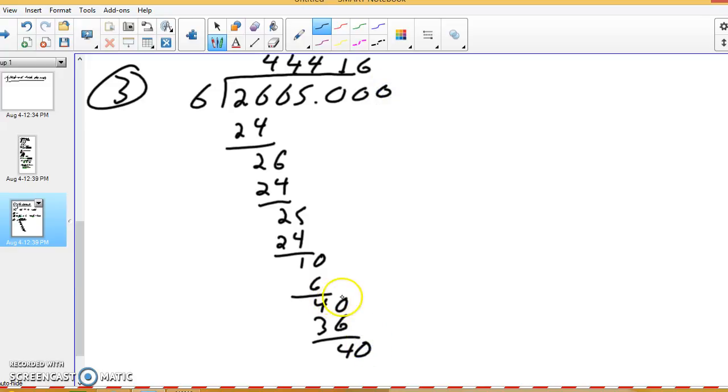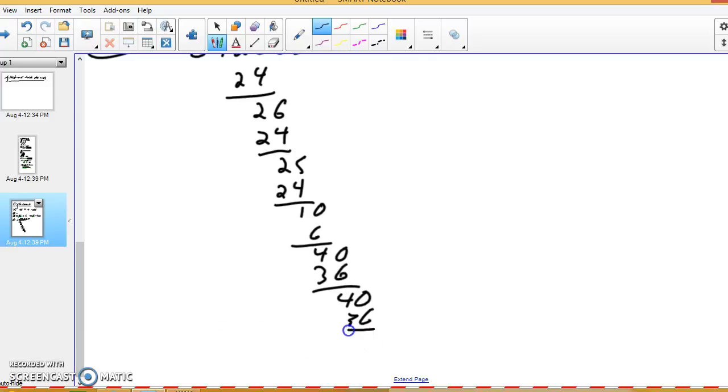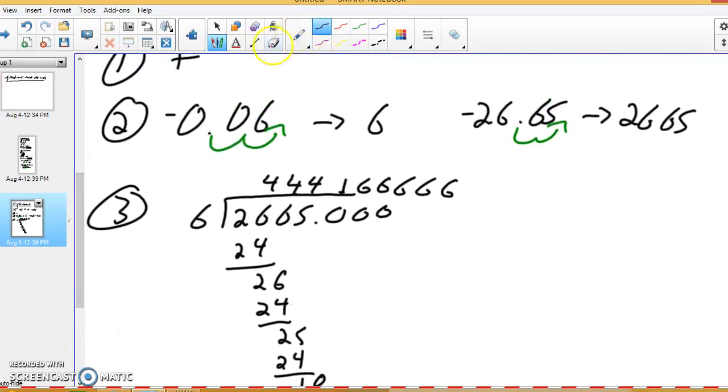Okay, and now you're going to see if we continue this pattern, we're just going to continue to put 6 after 6 after 6 up here because, like you just saw right there, that would be a 36, 4, and again, we would just drop the 0 down over and over again. So when you see that you have this number repeating over and over again, 6, 6, 6, you can just write the first 6 and put a bar over the top, and that indicates a repeating sign.